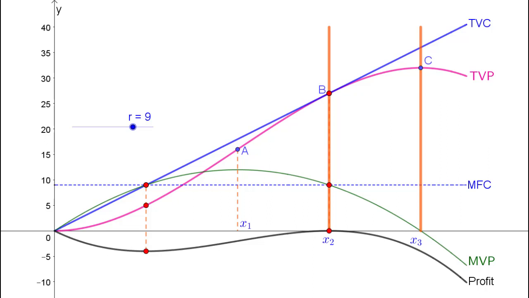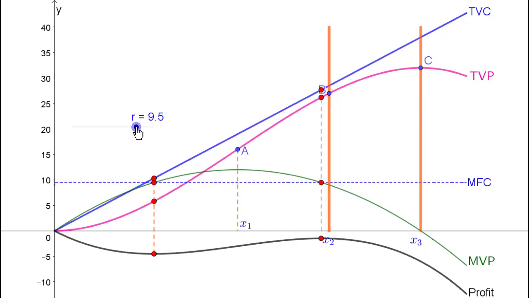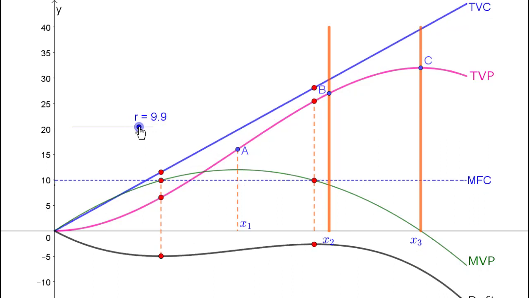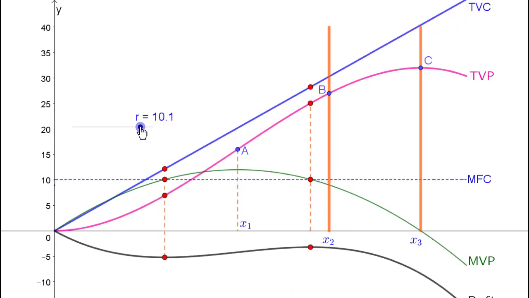So let's look at another case, which is a little bit simpler to see: if your input price is higher than this 9, what's going to happen. As you can see here, as I increase the input price, the TVC curve is above the TVP curve. That means your variable cost is higher than the value of your product.